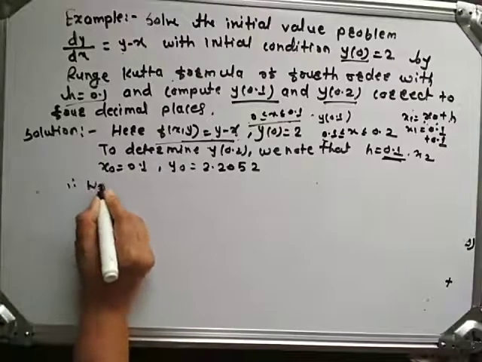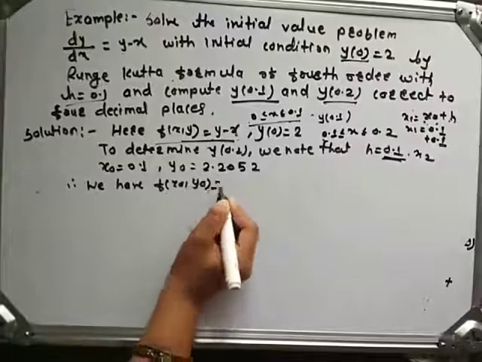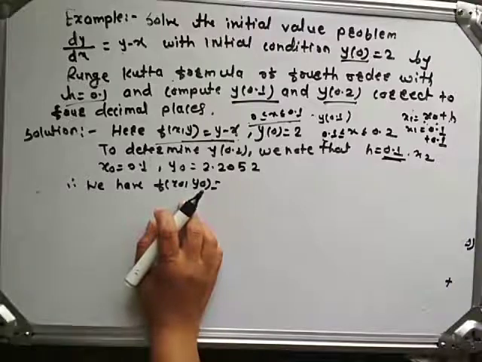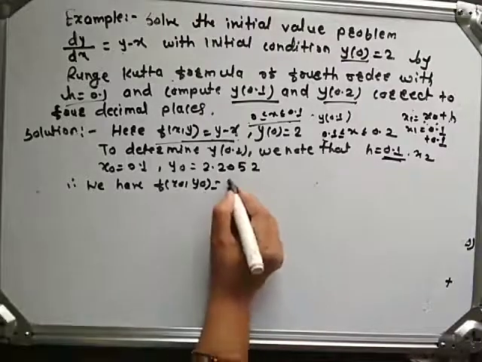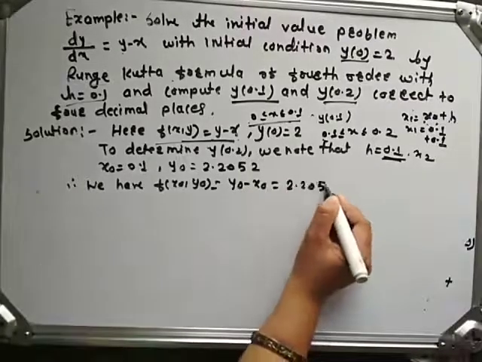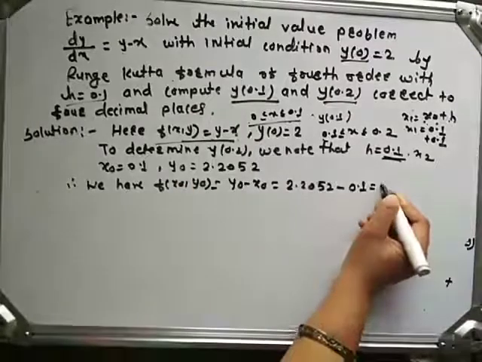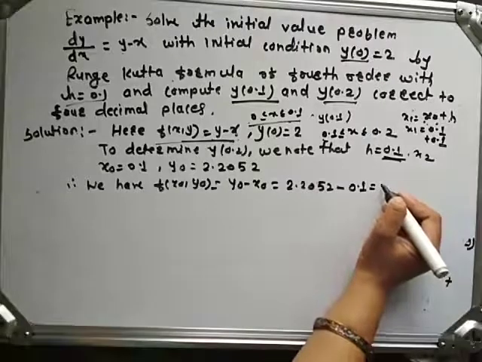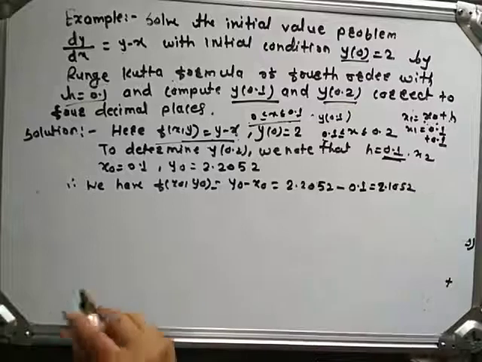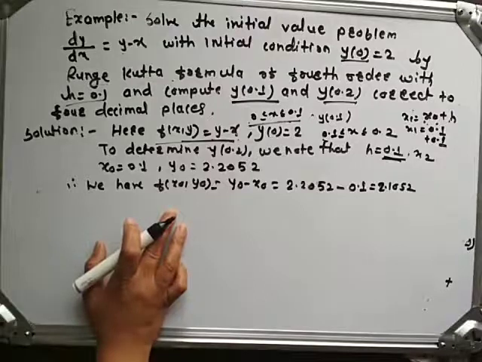We have to find f of x0 y0 because we require it in the formulas for k1, k2, k3 and k4. So this is y0 minus x0. Y0 is 2.2052 minus x0, which is 0.1. So this is equal to 2.1052, so our f of x0 y0 is 2.1052.